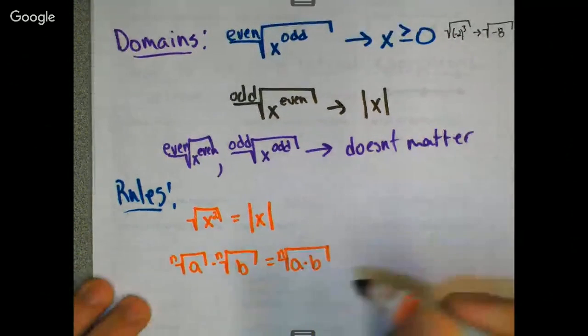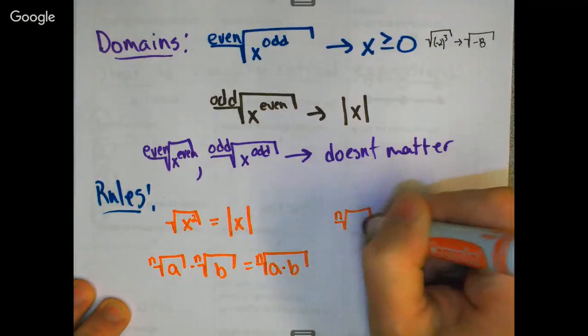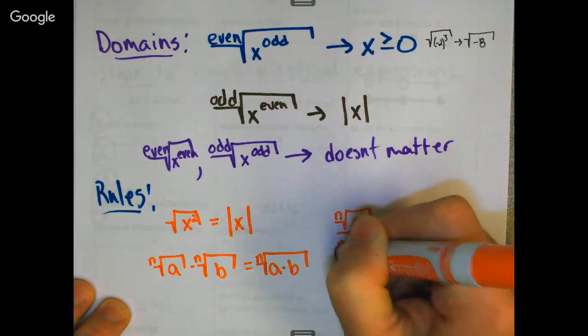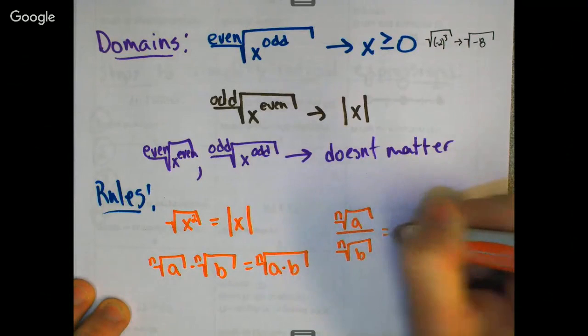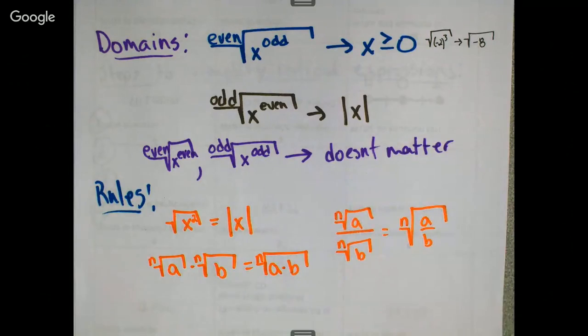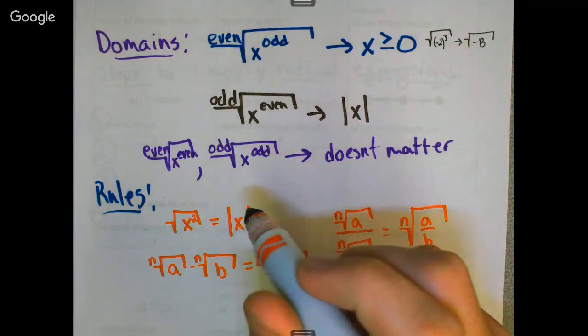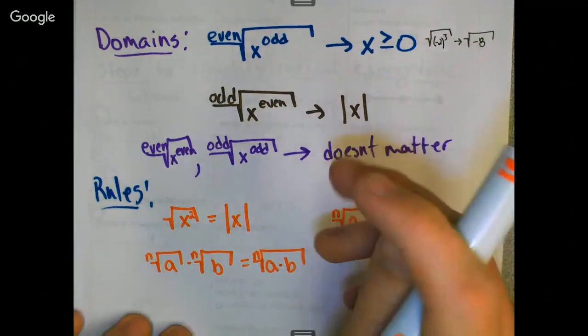We can do the same thing with division. If I have the nth root of a divided by the nth root of b, that is the nth root of a divided by b. And then we go back to this inside-out rule.